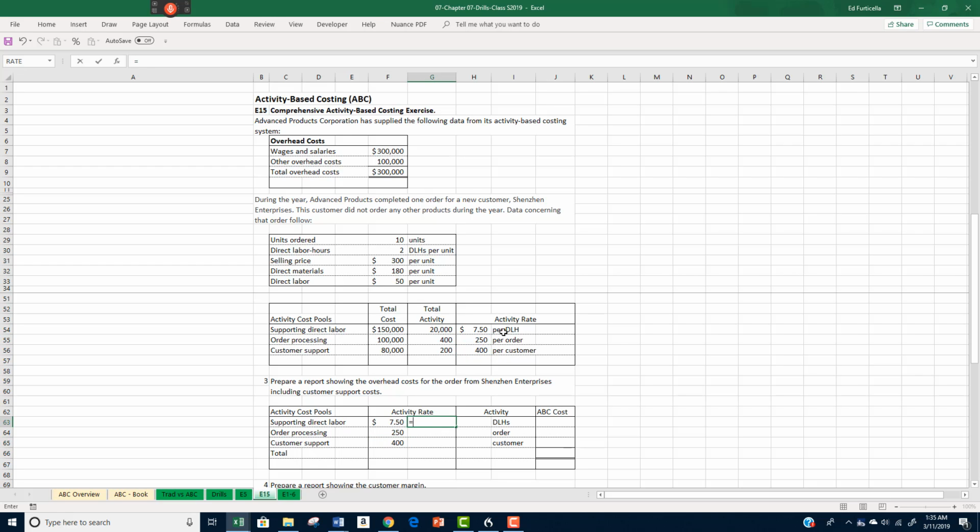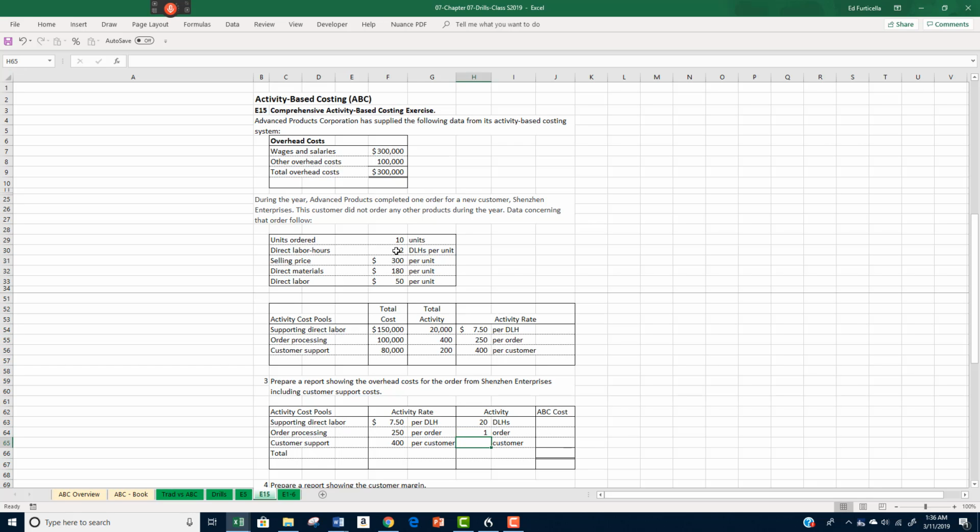The activity, according to this problem, is 20 direct labor hours. We get the 20 direct labor hours because there were 10 units ordered, and each one requires 2 direct labor hours per unit. So we just multiply the 10 by the 2 to get the 20. There's one order and one customer, Shenzhen Enterprises.